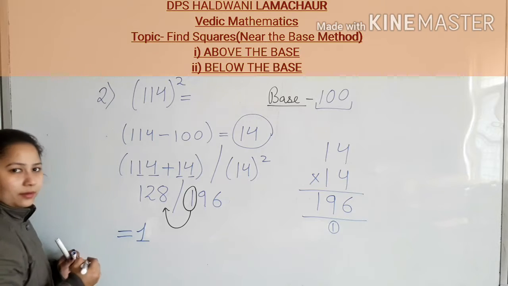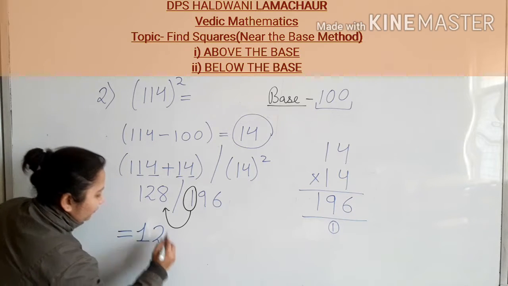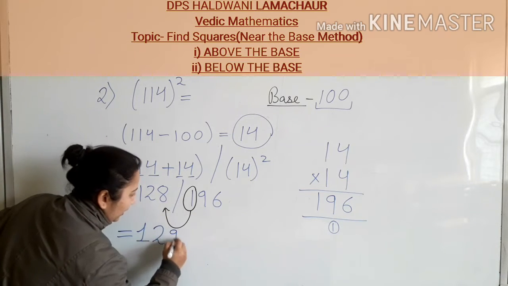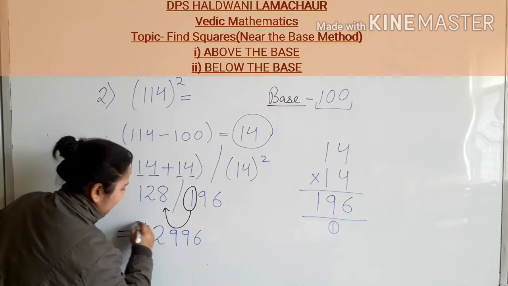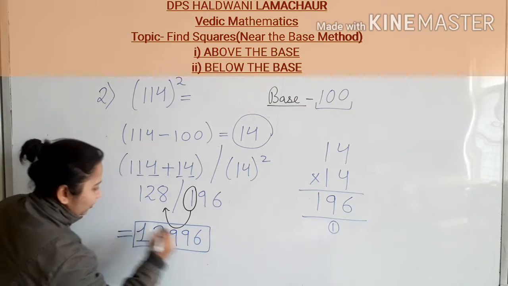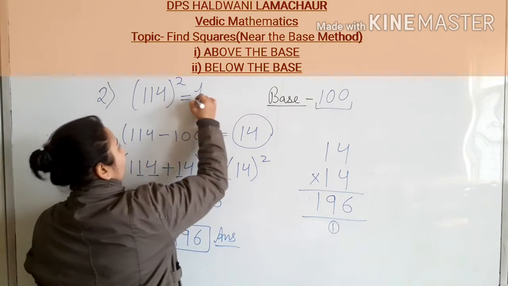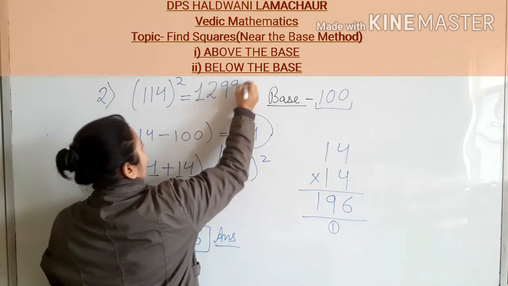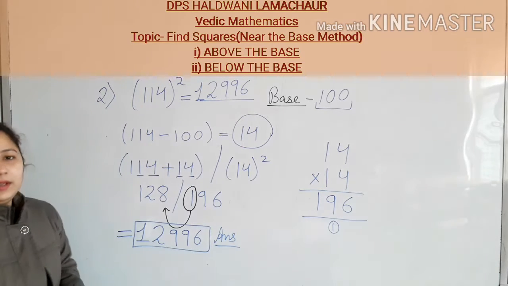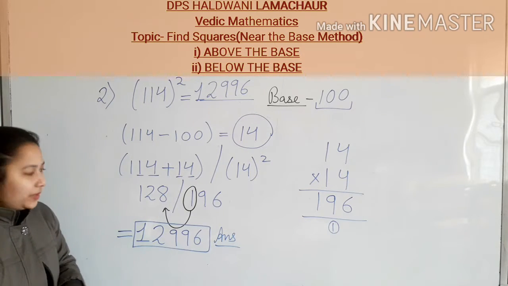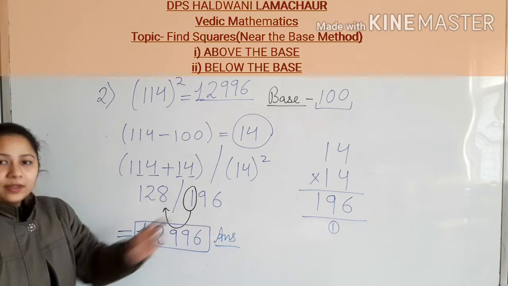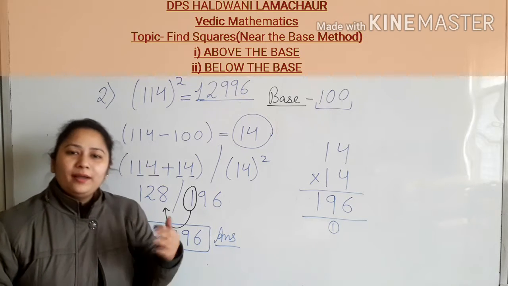See 1, 2, now 8 plus 1, 9, 9, 6. And this is your answer: 12996. I hope students you get this last calculation. You will get it more when we do the next sum.